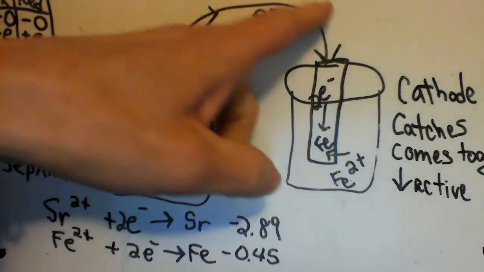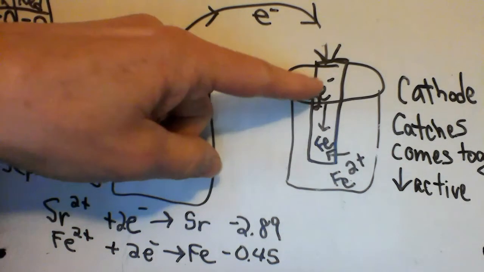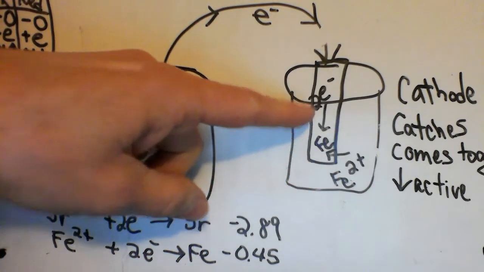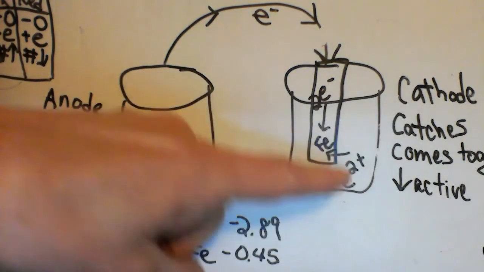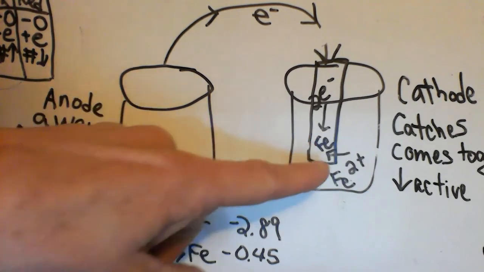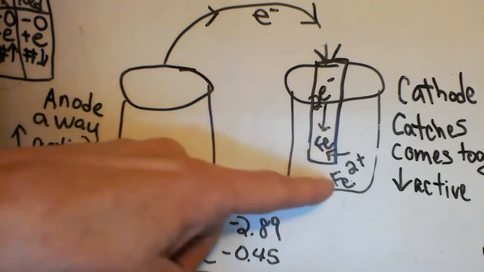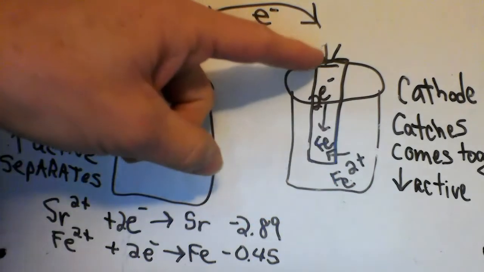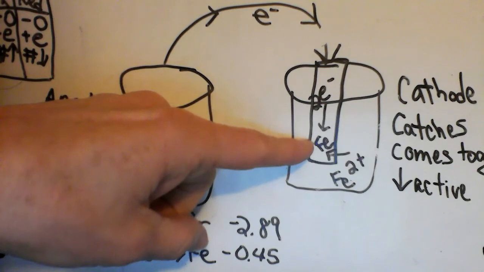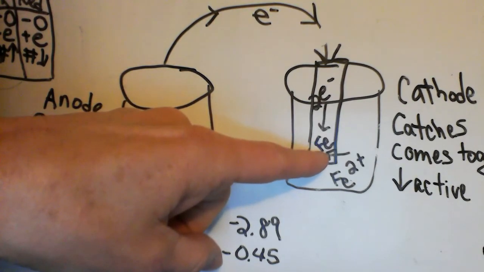Then we have electrons coming in through the wire toward this particular electrode. We said that at the cathode, the ions come together to create the metal. And so here we see the cation, which is the Fe2+, and the anion, or the negative ion, which is the electrons, coming together to create atoms of iron.